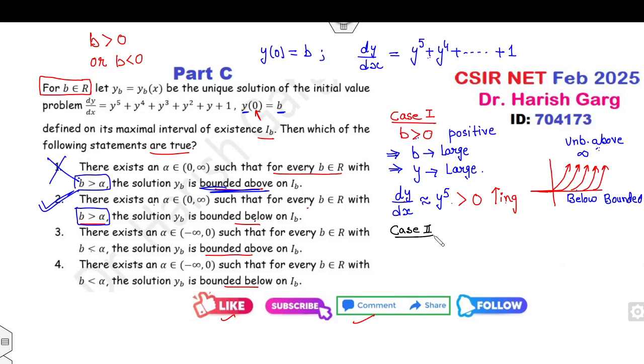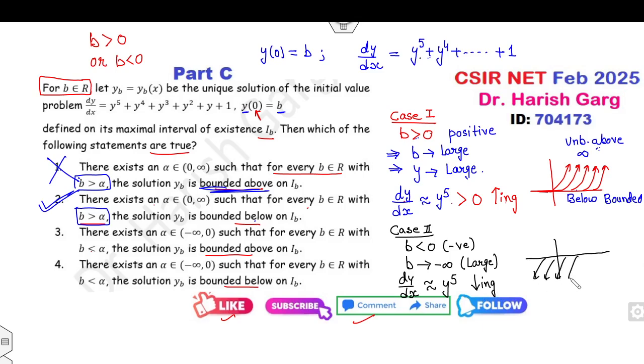What is the second case? Whenever B is less than 0, that means B is negative, that means B approaches minus infinity if you consider a larger number. Whenever B approaches minus infinity, still it is dominant, that means dy over dx is again approximately y raised to power 5, but that is decreasing, and whenever it is decreasing the graph will be here.